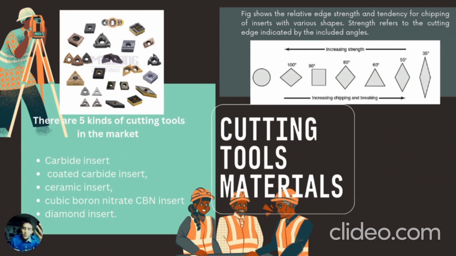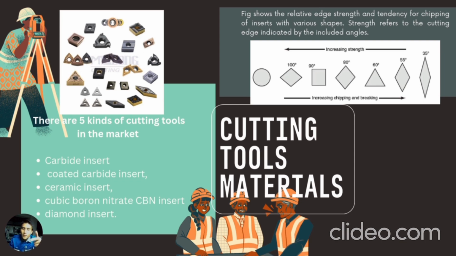Next, I will introduce to you guys about cutting tool materials. In this slide, there is a figure that shows the relative edge strength and tendency for chipping of inserts with various shapes.